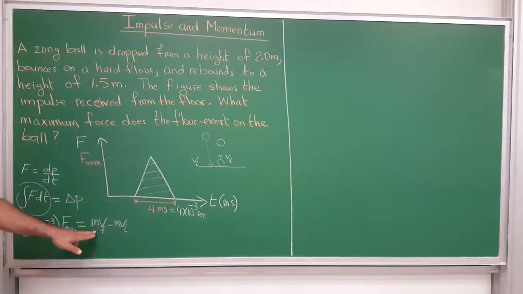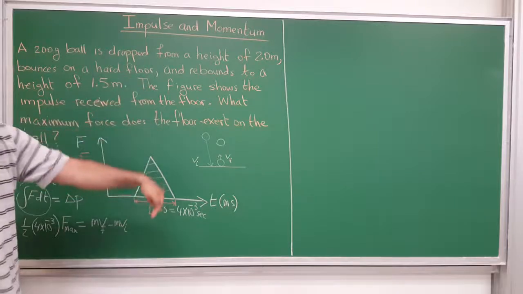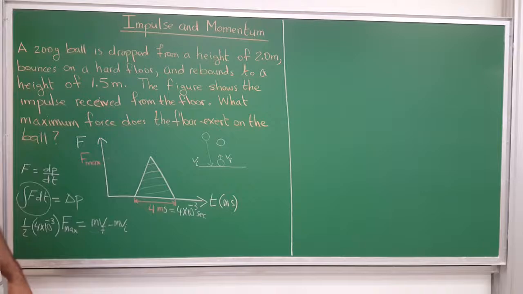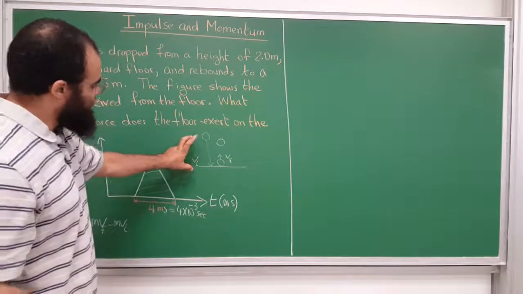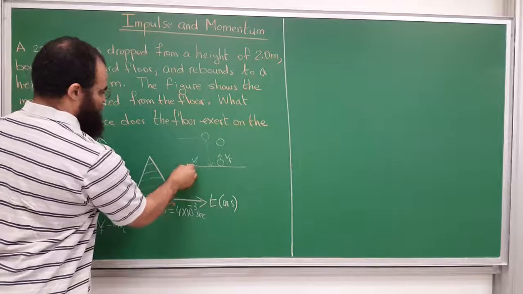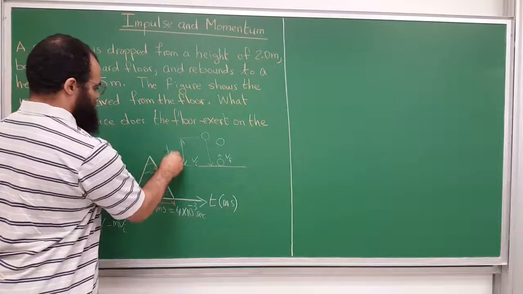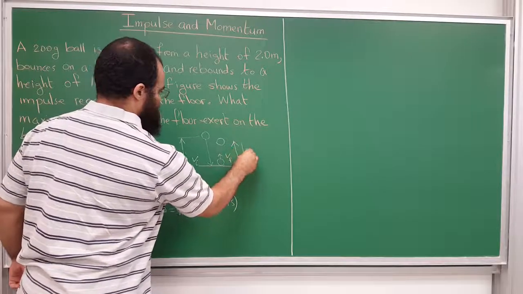So let's find what the velocity is when it's coming to hit the floor, right before hitting, and then right after hitting the floor. Let's call the height here h1, and the height here h2.